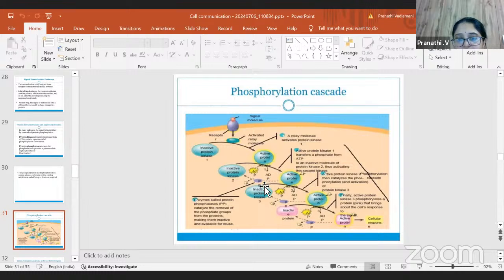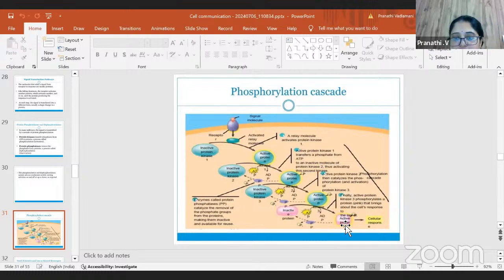This active protein kinase 2 catalyzes the phosphorylation of another protein kinase 3. So if I give you the MAP kinase pathway as an example, that is how it happens.